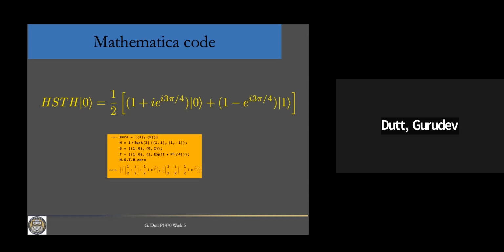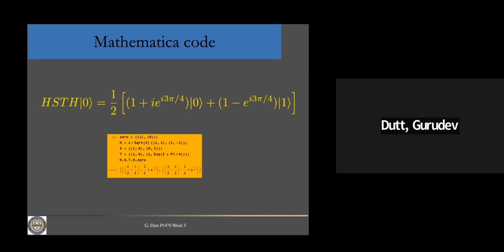I define a zero state, just 1, 0 as my column vector, and then here are the matrices H, S, and T. And the nice thing about something like Mathematica is it understands exponentiation of complex numbers without having to numerically do it all the time. Like it keeps it, as you can see, as e to the i pi over 4, so that you can now compare it to your algebraic answer. Okay. So that's a nice thing with Mathematica.